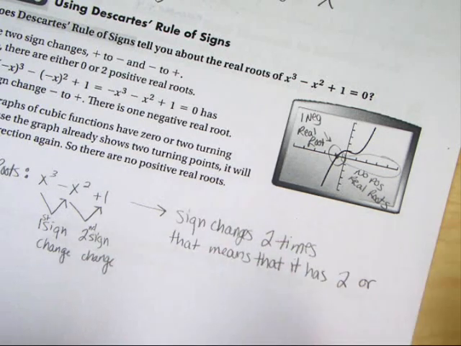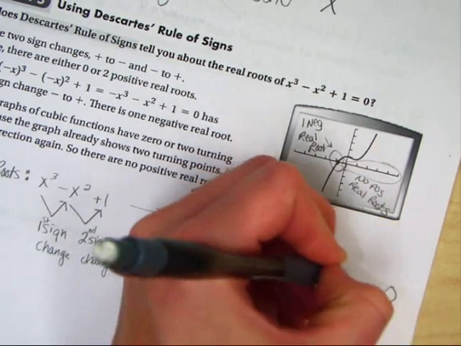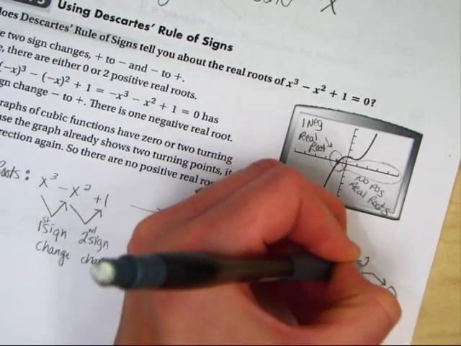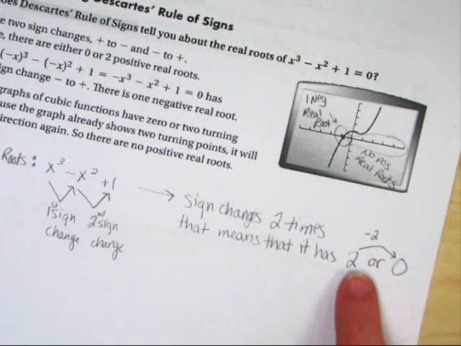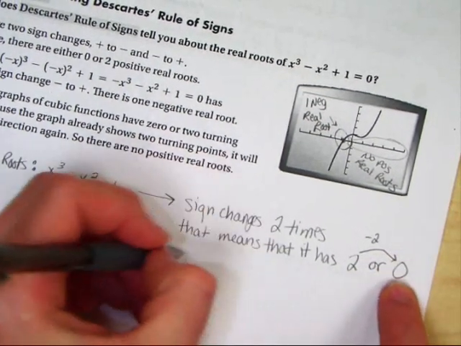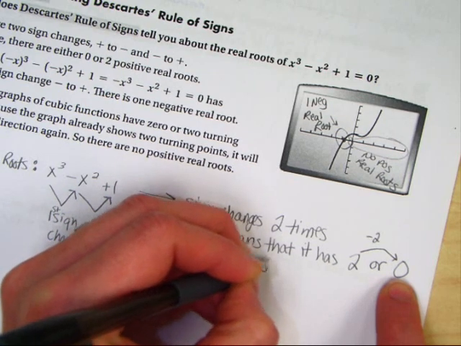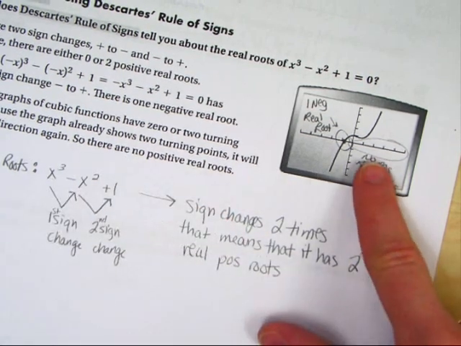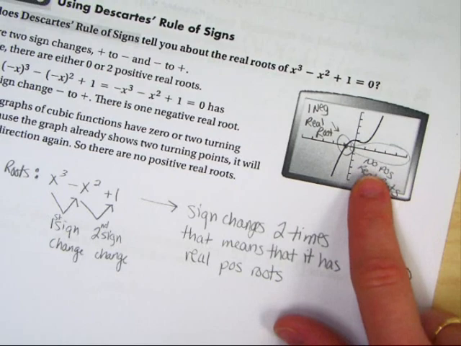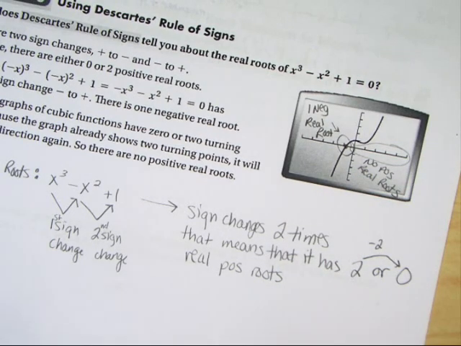You back off by an even number. It has 2, I backed off by 2. I backed off by an even number. It has 2 or 0 real positive roots. Now if you look at our graph, that makes sense. We figured out that it has no real positive roots.